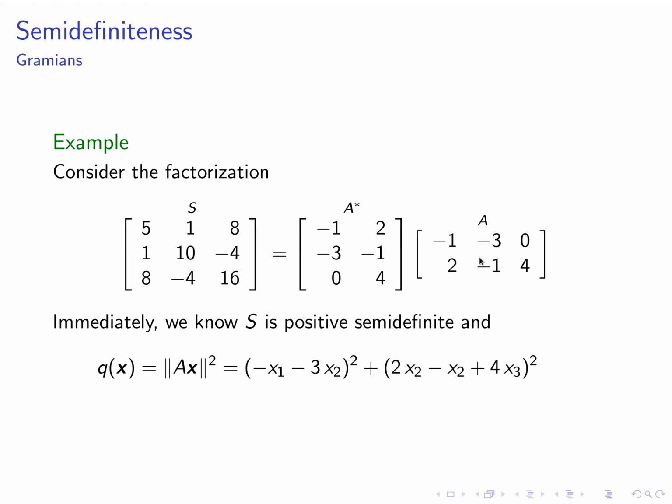So if we multiply A by the variable vector x, we should end up with two outputs. The first would be -1 times x1 minus 3 times x2 plus 0 times x3. So we're getting that here. Then the second part would be 2 times x1 minus x2 plus 4 times x3. That would be the second coordinate. And the length of that vector squared is the sum of the squares of those terms. And of course, we know that this quantity is non-negative because we are summing squares.